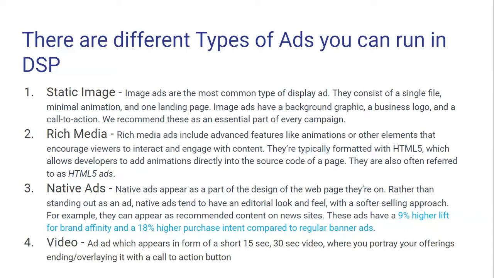Native ads are a kind of ad which brings a lot of click-through rate because it feels like a part of the website. So it tends to have an editorial look and feel, and so it has a softer selling approach. It doesn't look like I'm trying to sell something. It looks like I'm reading a part of the content of the website, and it just feels like that.